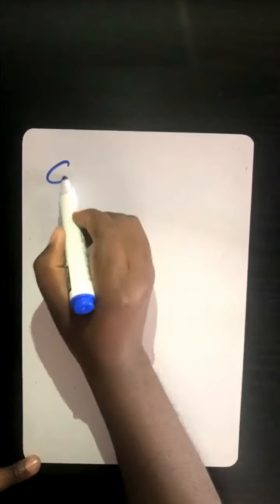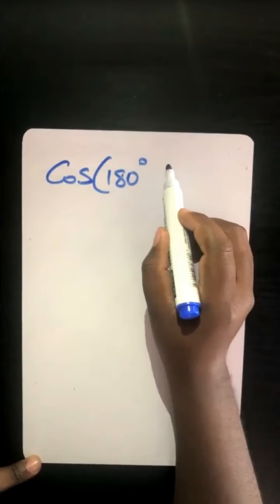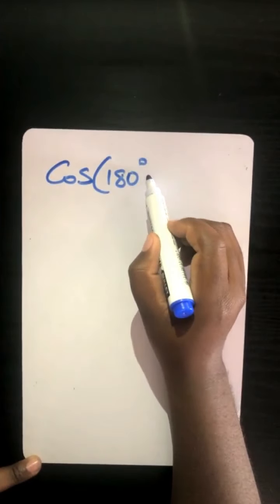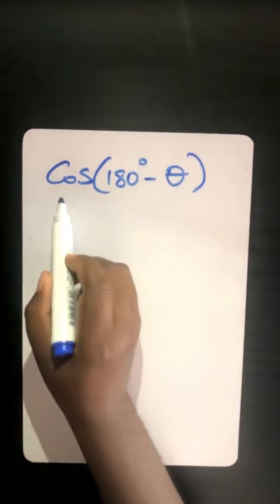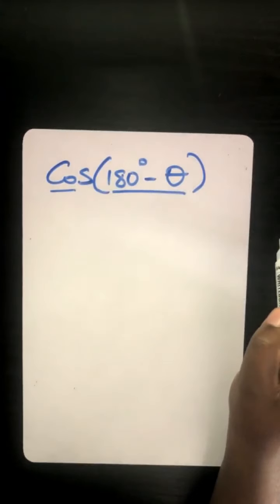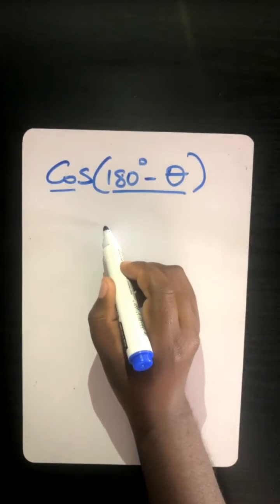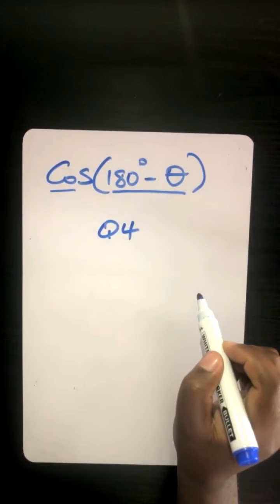Okay, let me do this one. Let's say cos of 180 degrees minus angle. This one falls in quadrant number 4.